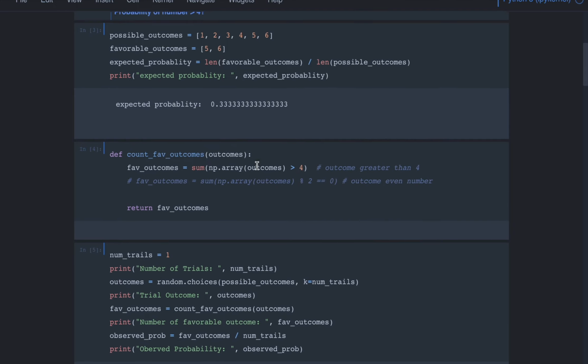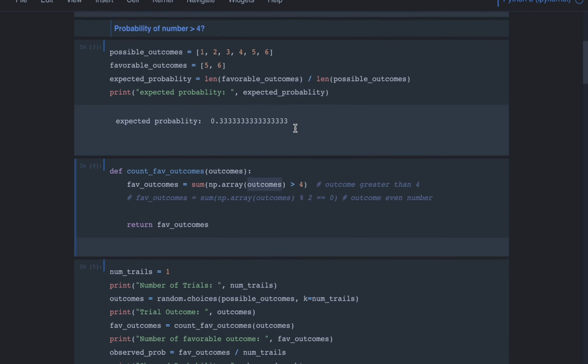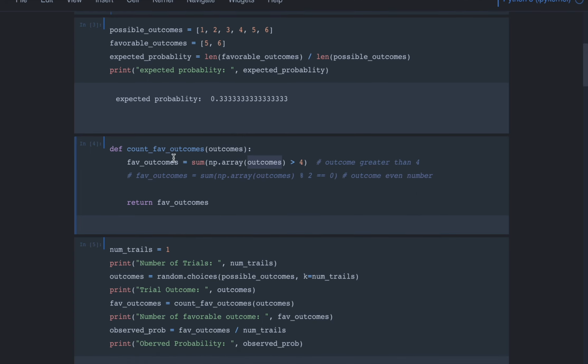Okay. Now here we have a helper function. We are going to roll the die multiple times and we pass the outcome to this function, and this simply counts how many values are above 4, which is what we are looking for, right? So it will simply count the number of favorable outcomes and return that value.